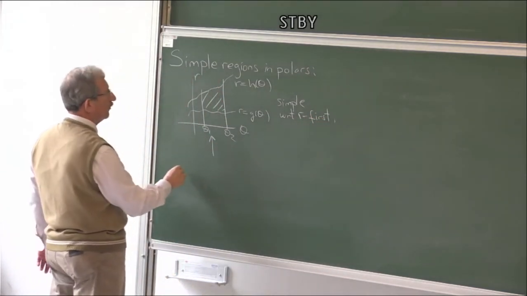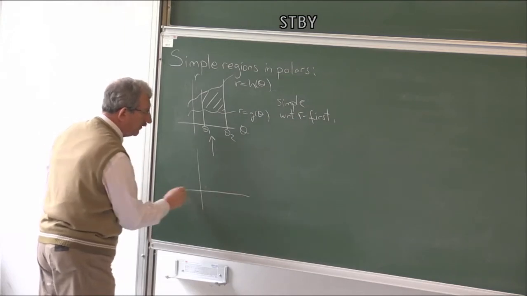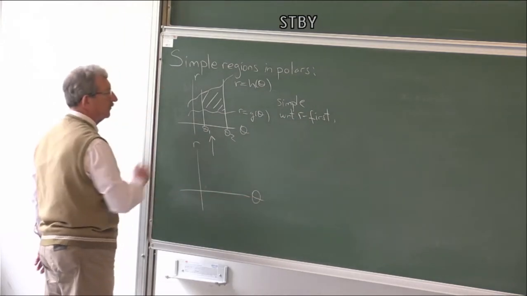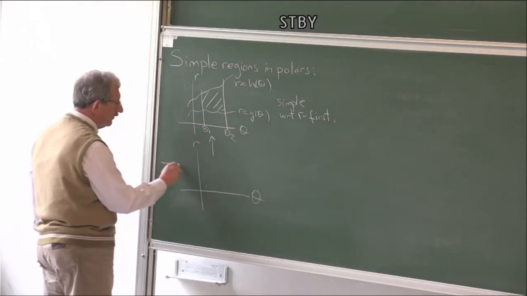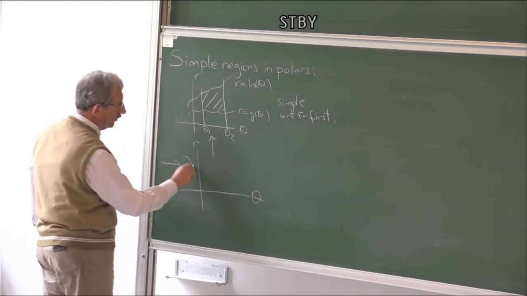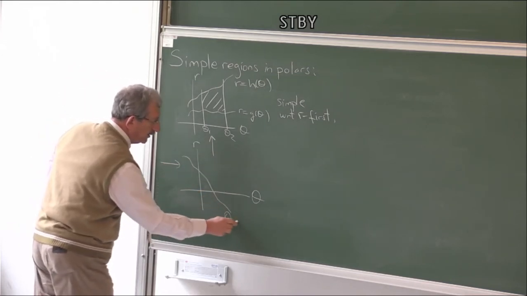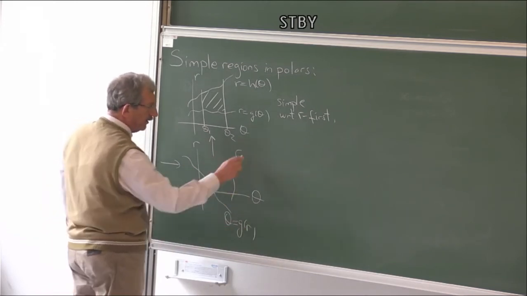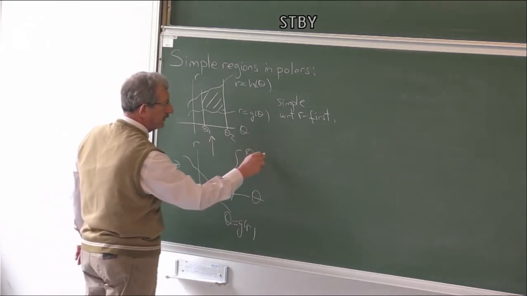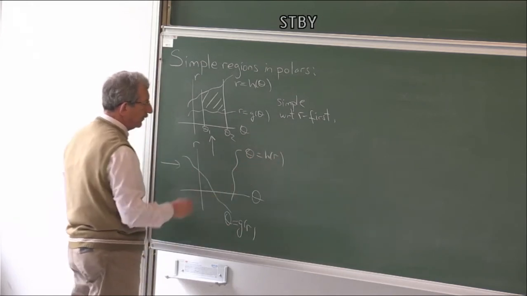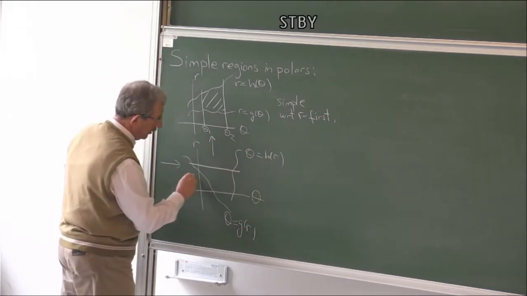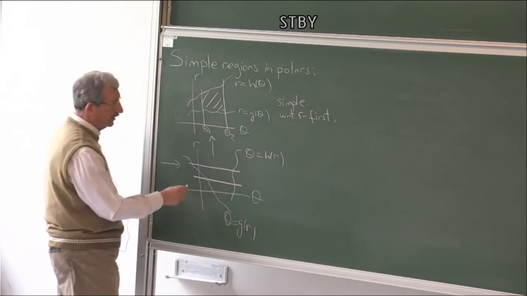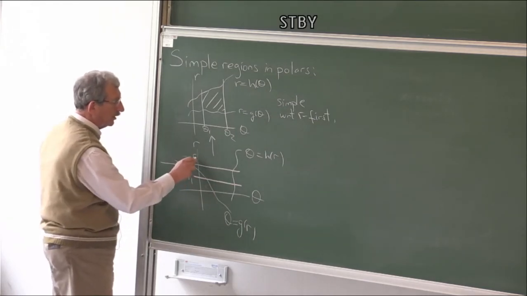And, of course, again in the r theta plane, if you look in the theta direction first, you have a curve, theta is g of r. And next, you have a different curve, theta is h of r. And you have horizontal lines, say from r1 to r2.